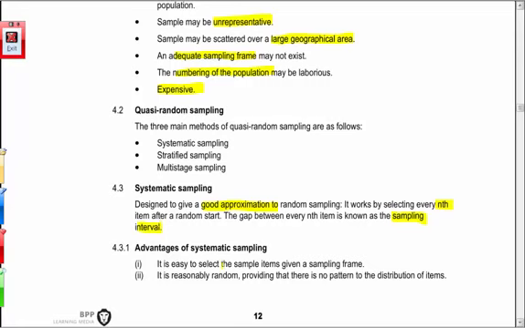It's much easier to select the sample items, and it is reasonably random, providing that there's no pattern to the distribution of items. So, for example, it wouldn't work as well if there was a pattern that every 10th person was perhaps the highest earner or the oldest.